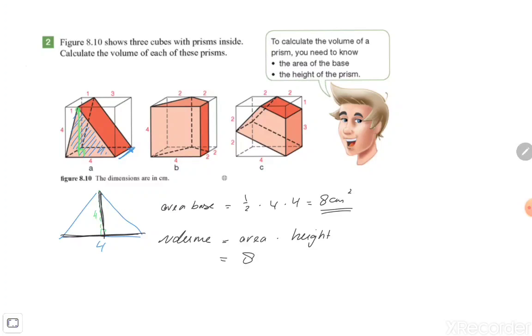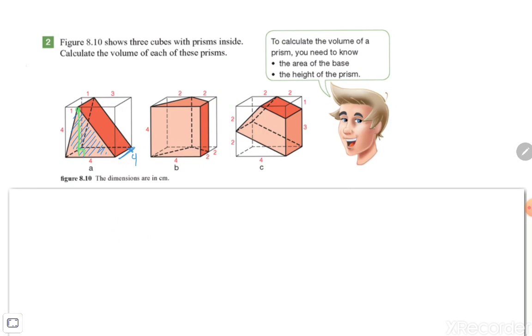So that's also 4 centimeters. So times 4, and that's 32 cubic centimeters. Not square centimeters, because then we talk about area, but cubic centimeters. All right, so that's exercise A.